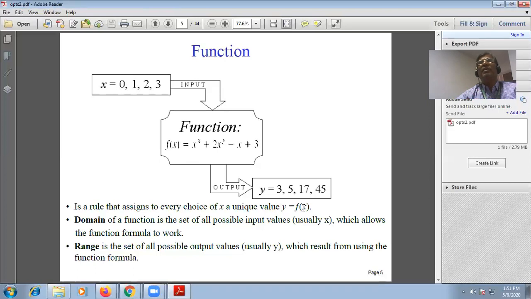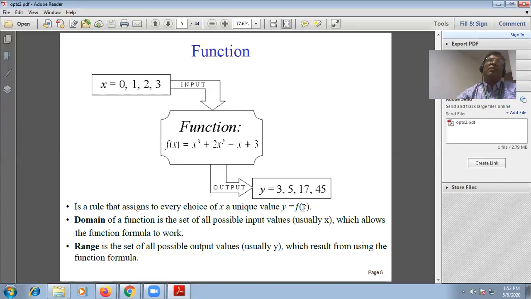Unique value means if you have to put x is equal to 10, then you have to put x is equal to 10 in every circumstance. If you have to put x is equal to 13, then you have to put x is equal to 13 only. This is a cause of concern to check the single variable optimization problem.